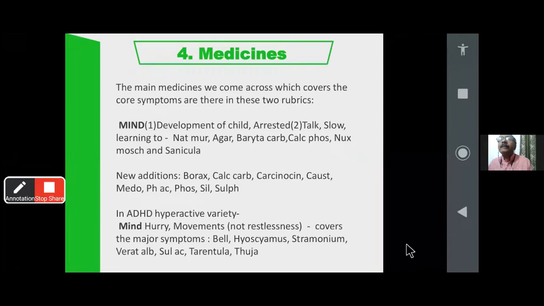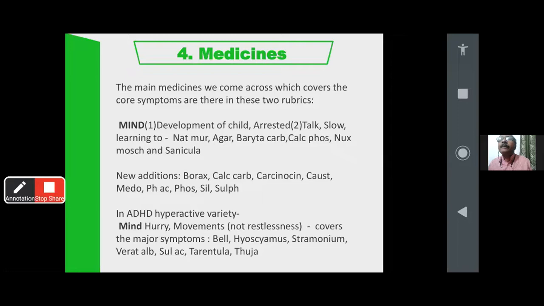In the medicinal things, the most important rubric we think you can add is development of child arrested or slow learning to talk. That rubric covers most of the core symptoms.